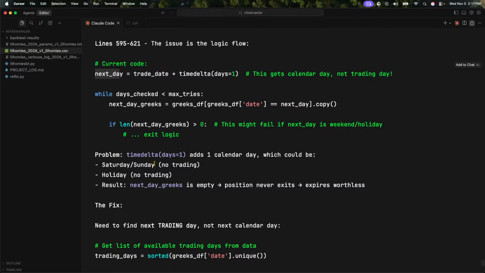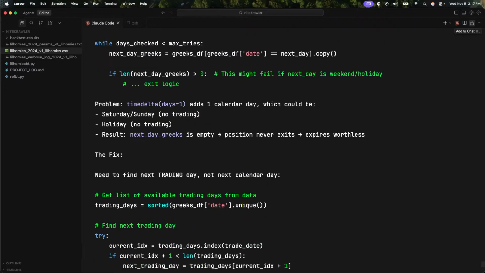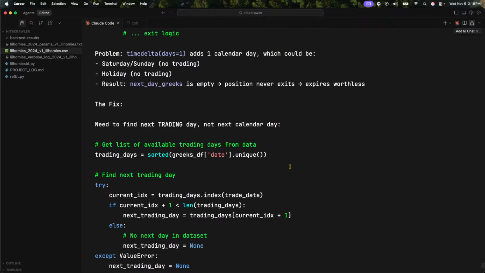The problem is that timedelta days equals 1 adds one calendar day, which could be Saturday or Sunday, with no trading. The result is the next day Greeks is empty, the position never exits, and expires worthless. The fix is to find the next trading day, not the next calendar day.